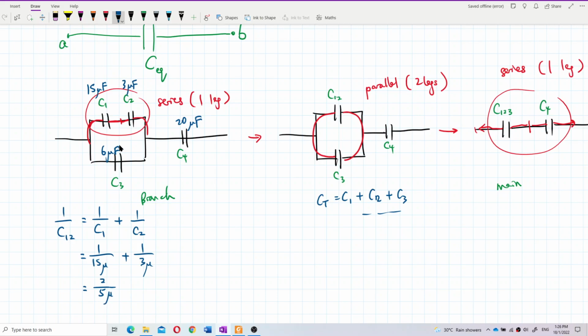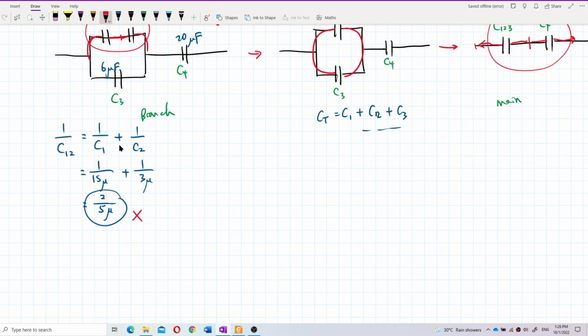Is this the answer? No, this is not the answer yet, because this is still 1 over C12. You haven't inverted it. You must invert it.